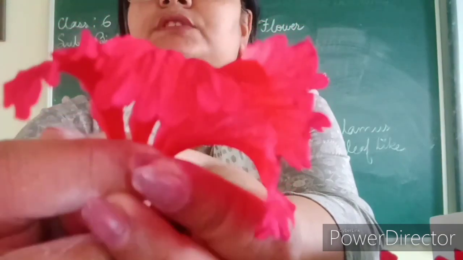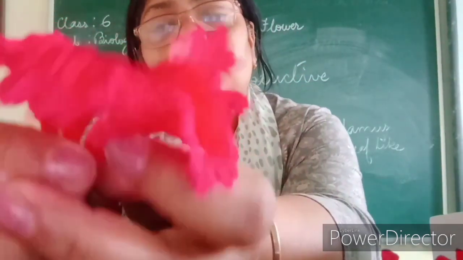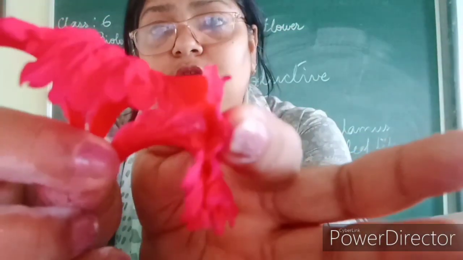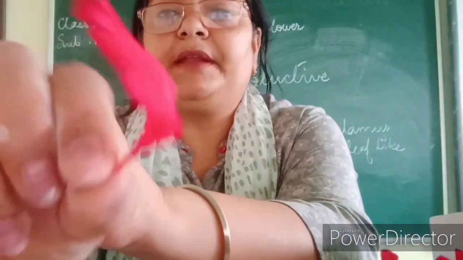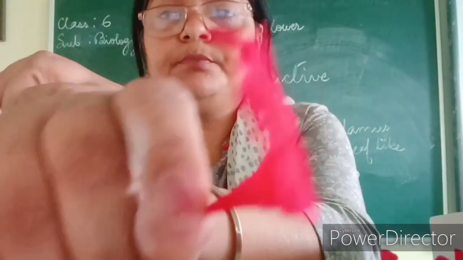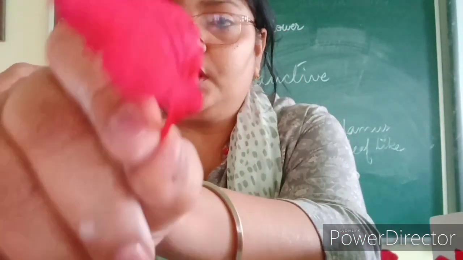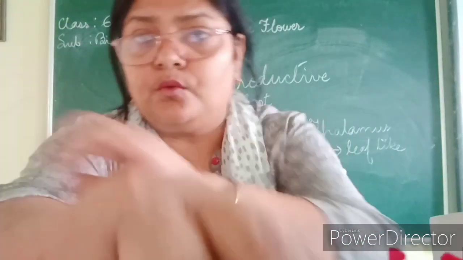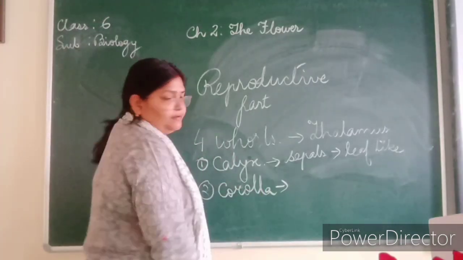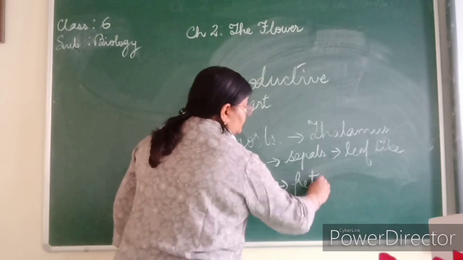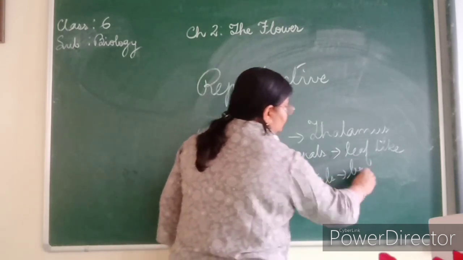So you can see the petals, the corolla, the next ring that was present in the flower. So the outermost was the calyx, the next is the corolla. What is the corolla made up of? The corolla is made up of brightly colored petals. So these are called petals. The petals form a ring-like whorl called the corolla. That is the second whorl of the flower. So the corolla is made up of petals. Petals are brightly colored.